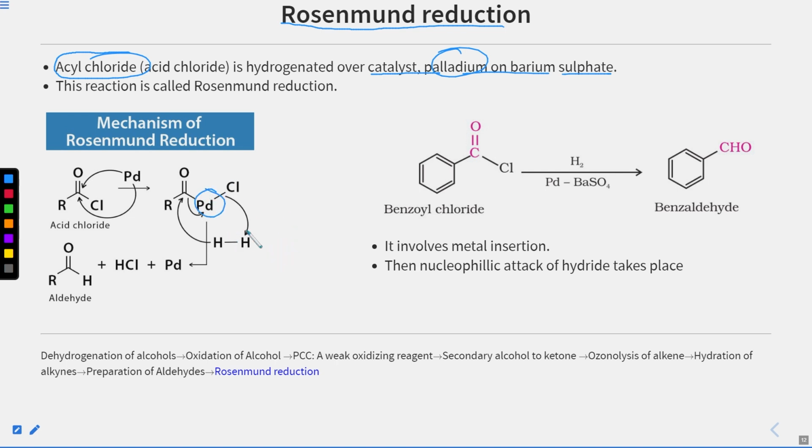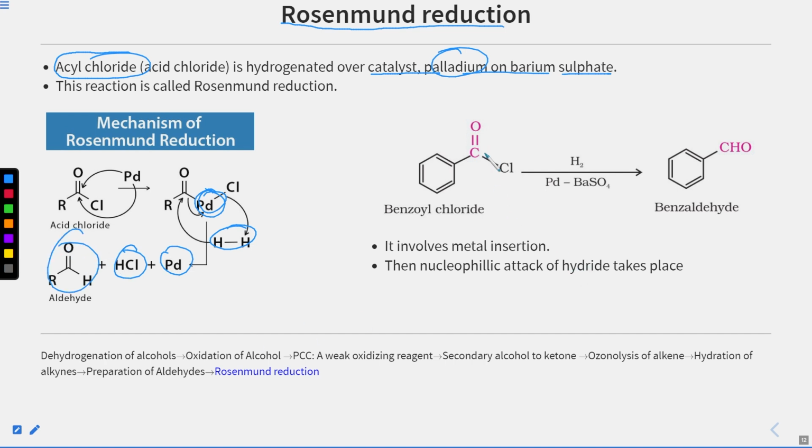Then what will happen? We have hydrogen. This hydrogen will attack. There will be a nucleophilic attack on this center because we have this palladium. It has increased the nucleophilicity of this carbon because palladium is very electropositive in nature. Clear? Therefore, this hydrogen will donate one hydride ion and one H plus will be taken up by the Cl. At last we get HCl, our palladium back, and an aldehyde.